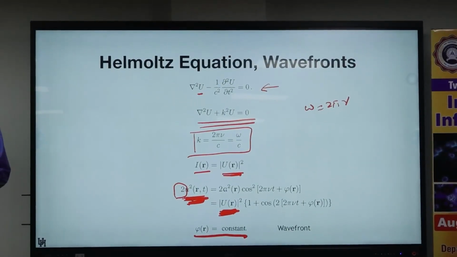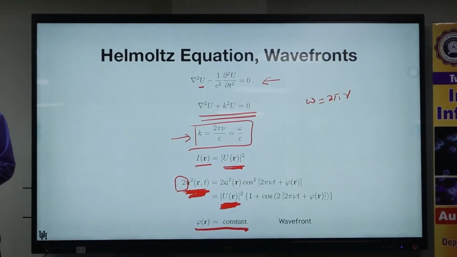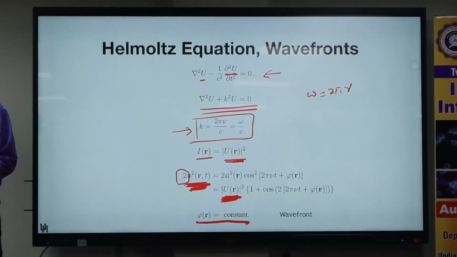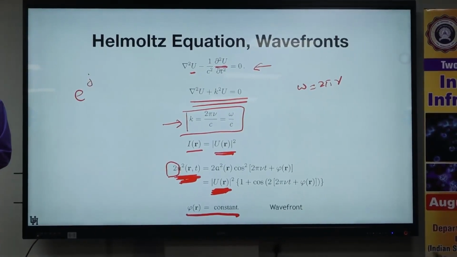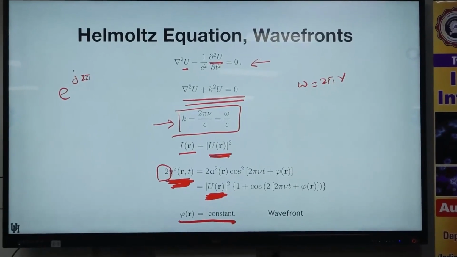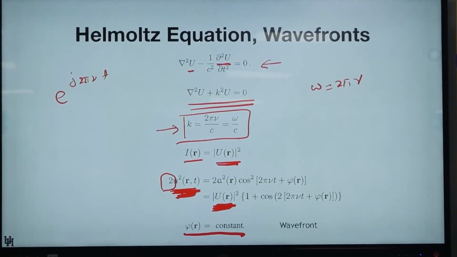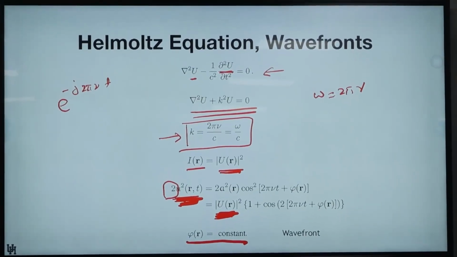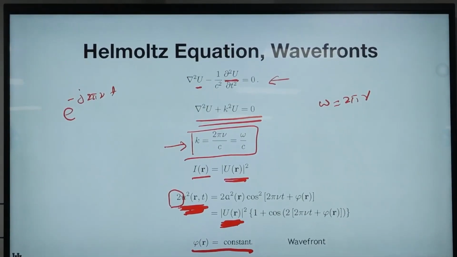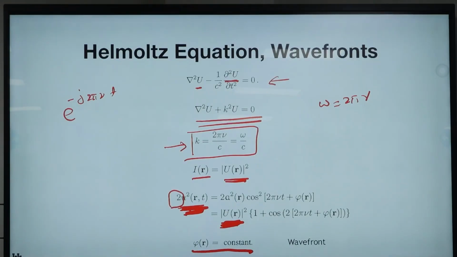So this k is the constant. Imagine you have e to the j 2 pi nu t. If you differentiate this twice with respect to t, what will you get? j squared, and j squared is minus 1.